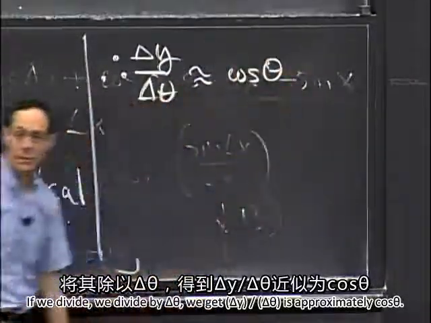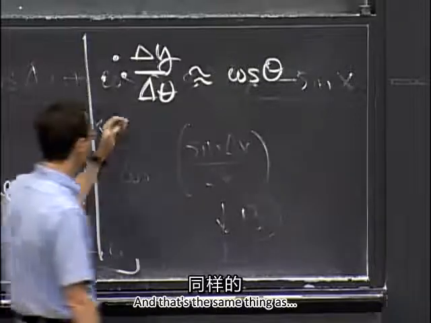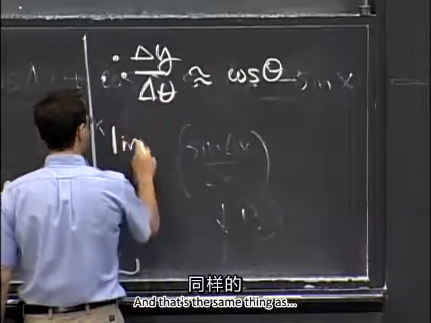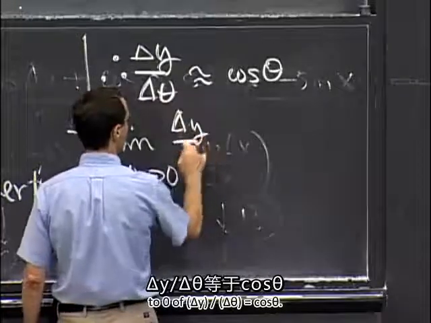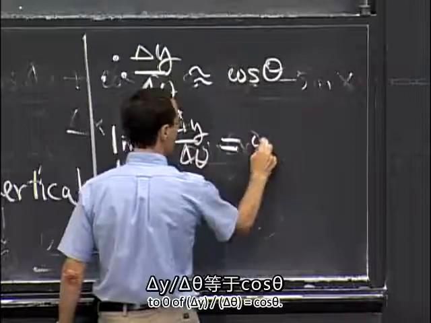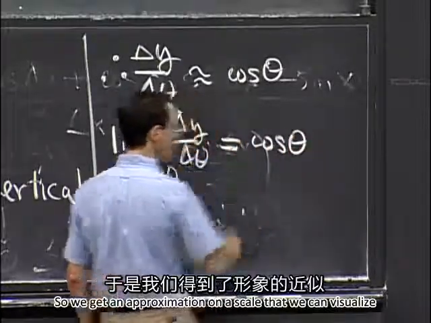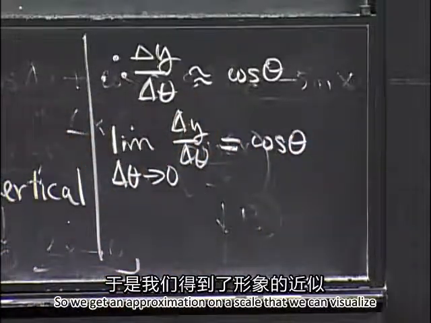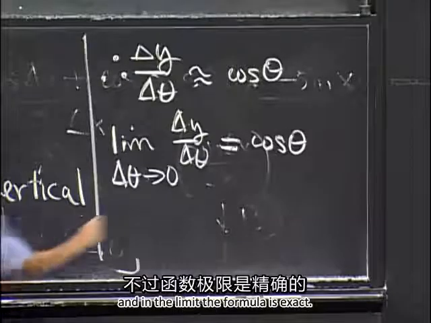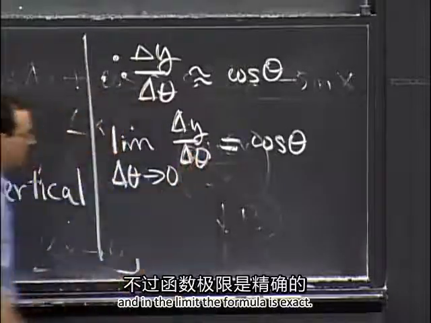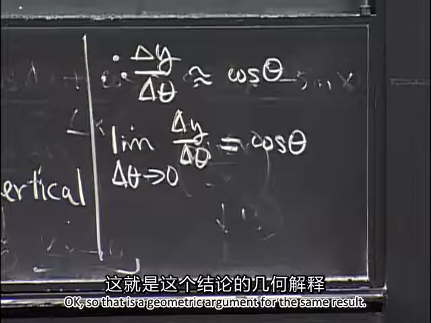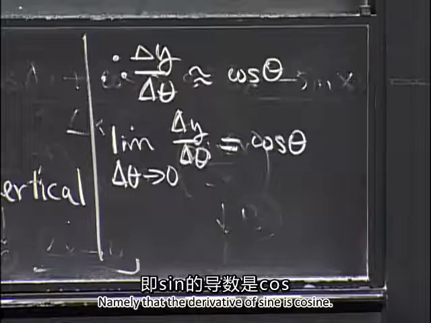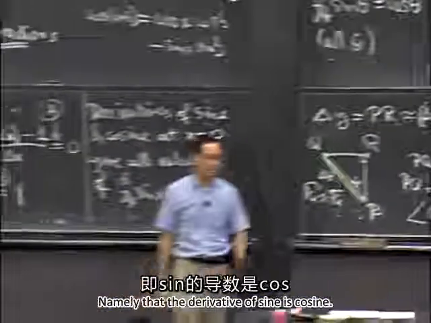And what we want in the limit is exactly the limit as delta theta goes to 0 of delta y over delta theta is equal to cosine theta. So we get an approximation on a scale that we can visualize, and in the limit, the formula is exact. Okay, so that is a geometric argument for the same result, namely that the derivative of sine is cosine.